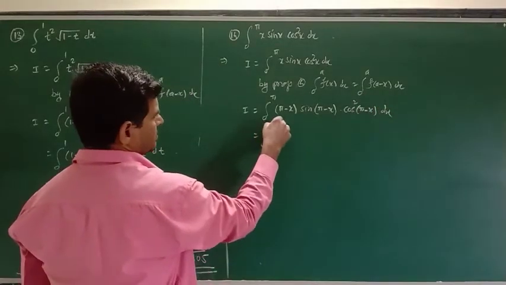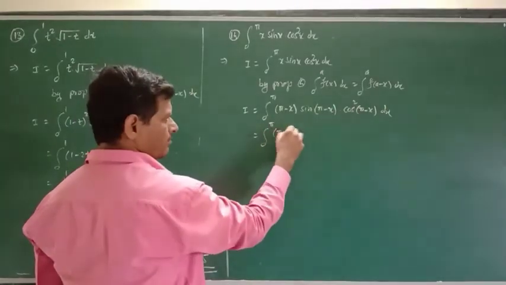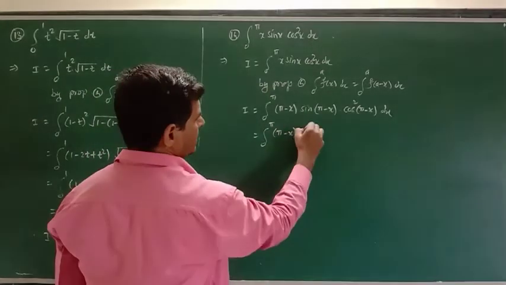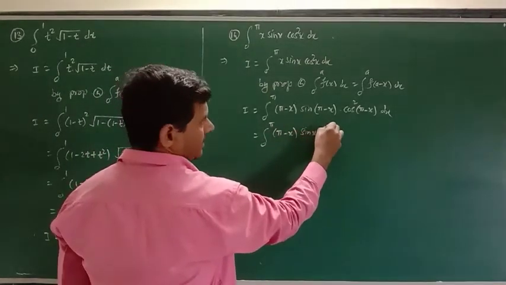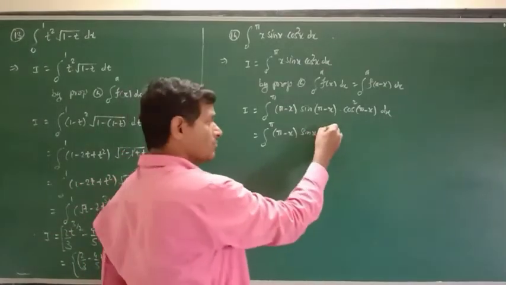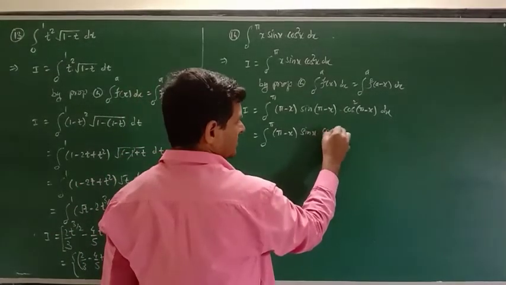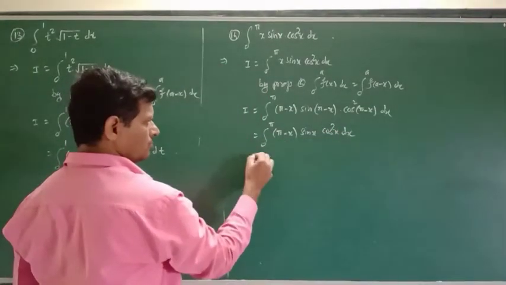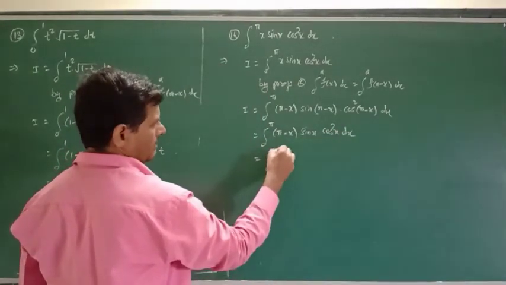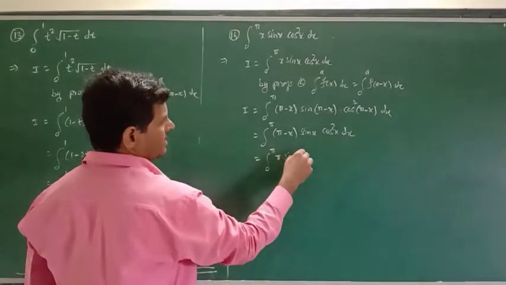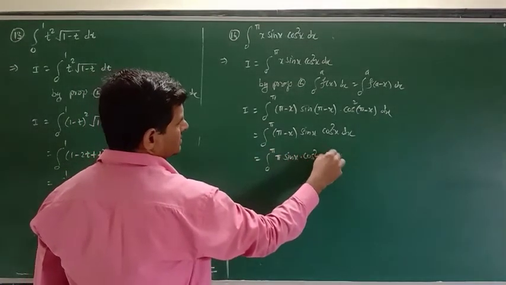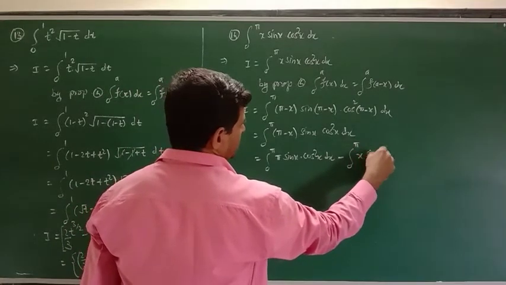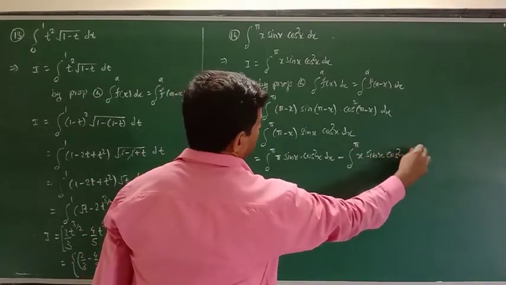Using the formula, sin(pi minus x) is sin x, and cos(pi minus x) is minus cos x, but its square is cos square x. I multiply these terms to the inner terms: pi times the integral from 0 to pi of sin x cos square x dx minus the integral from 0 to pi of x sin x cos square x dx.